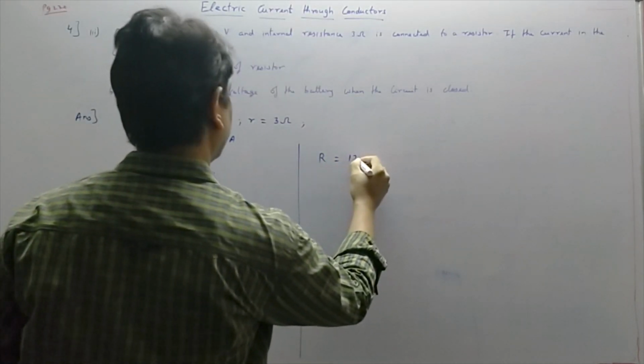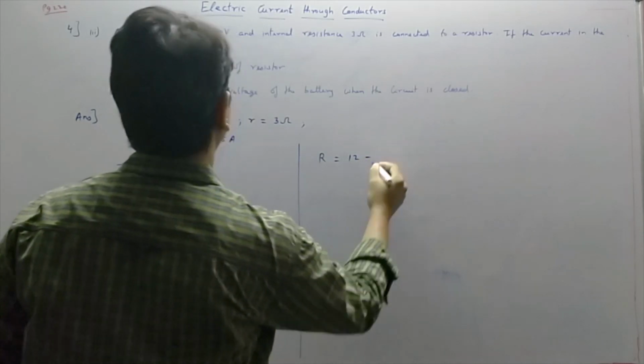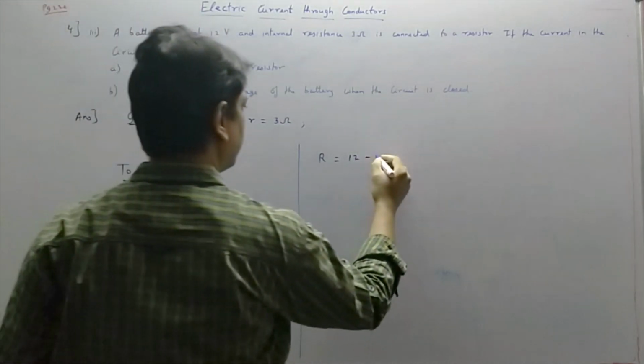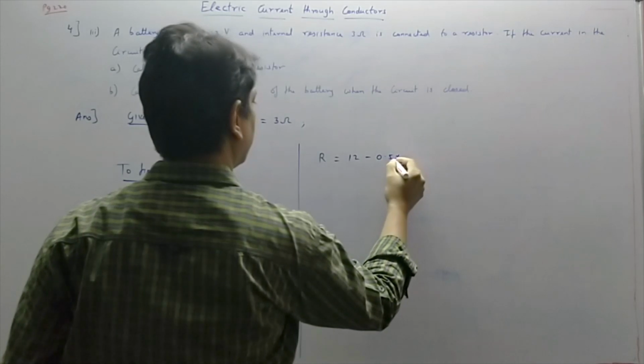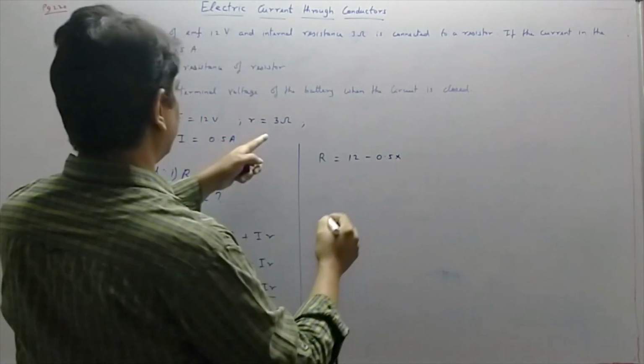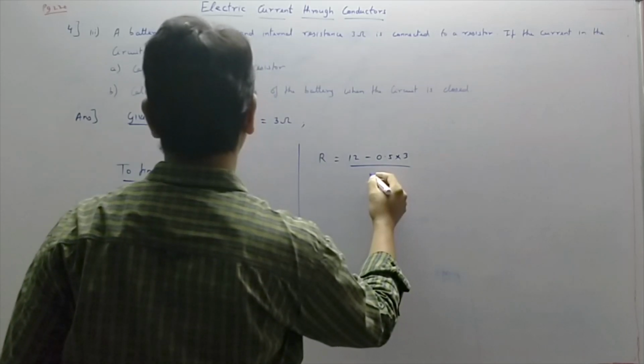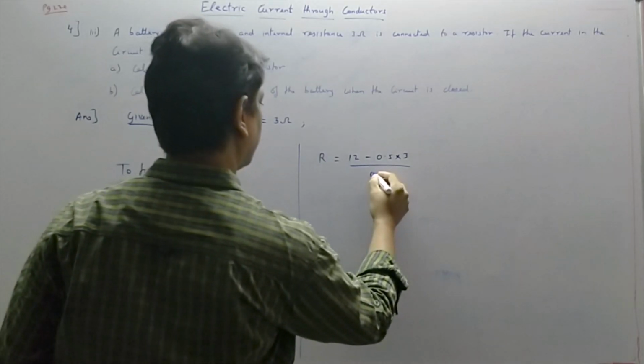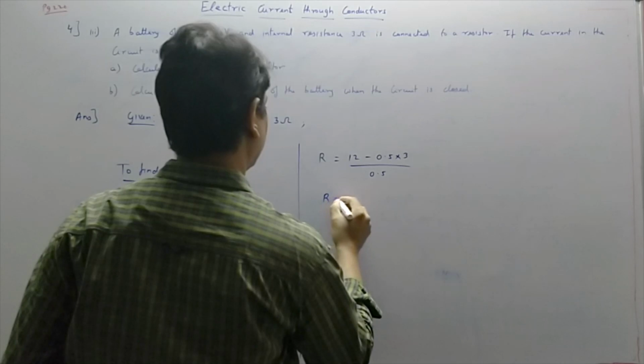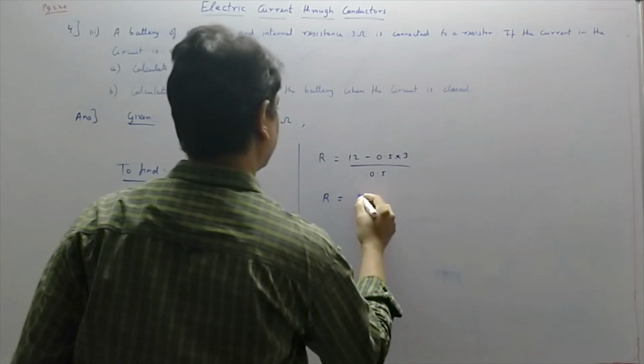E is your 12 volts minus current 0.5 into internal resistance 3 ohms, divided by the current flowing, 0.5 here. So we will calculate this.